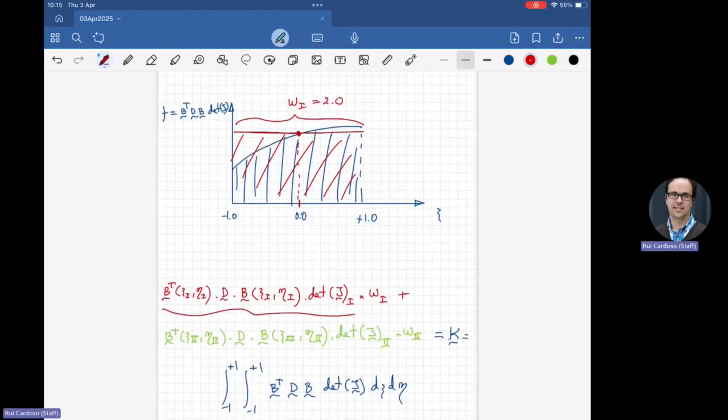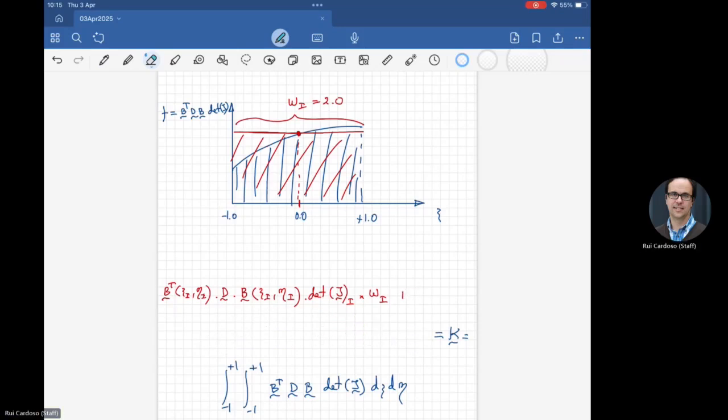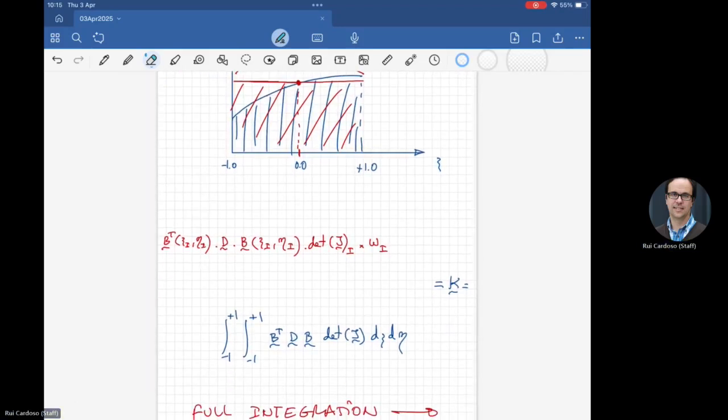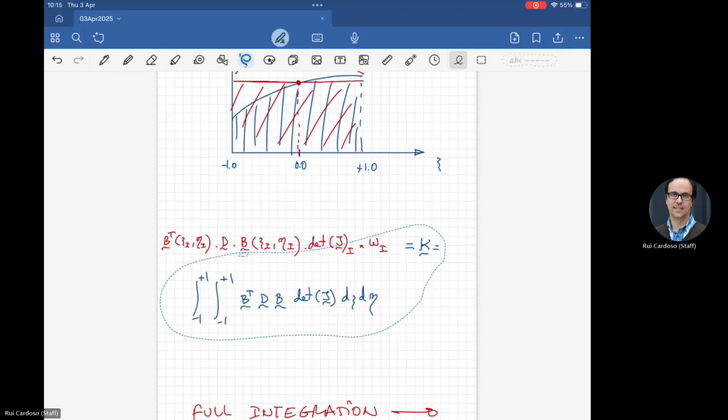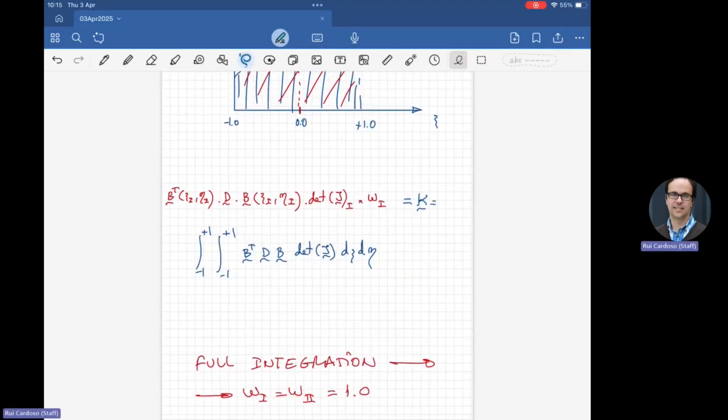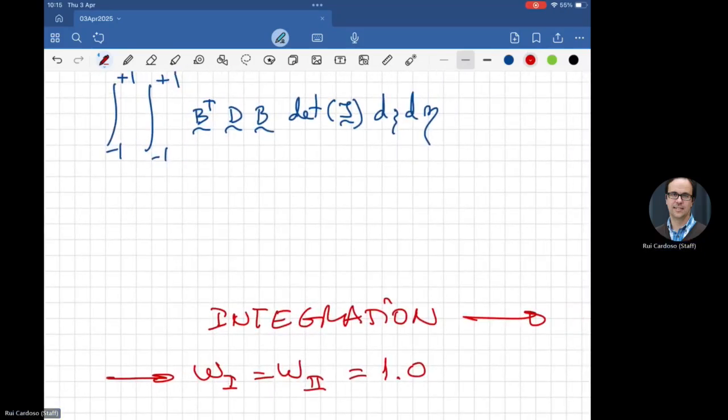So basically in the reduced integration, you have only one BTDB. And now, of course, you are going to have reduced integration, and your weight is not one. In fact, this guy goes away. 2.0.